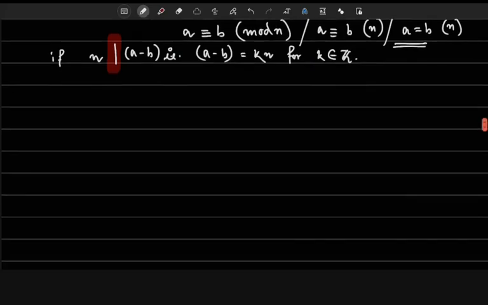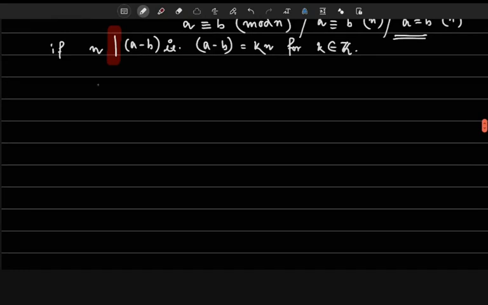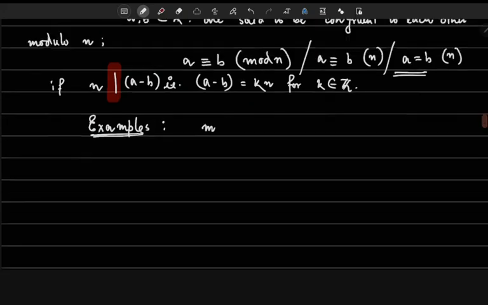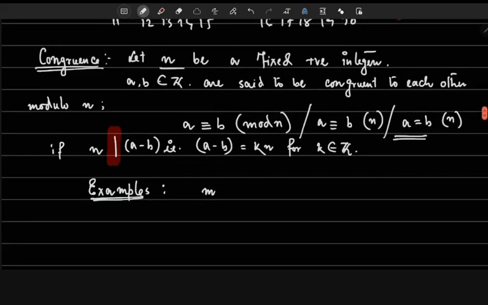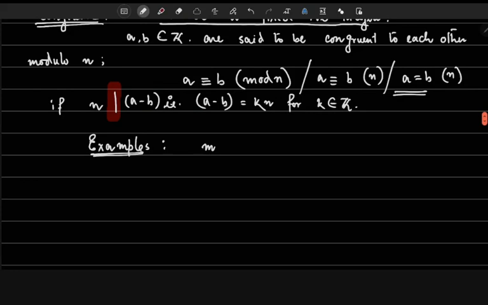Now there are some examples. Take mod 7. As we said, let n be a fixed positive integer, so we are fixing n equal to 7.